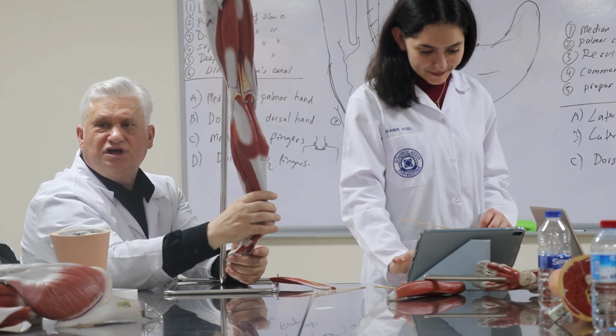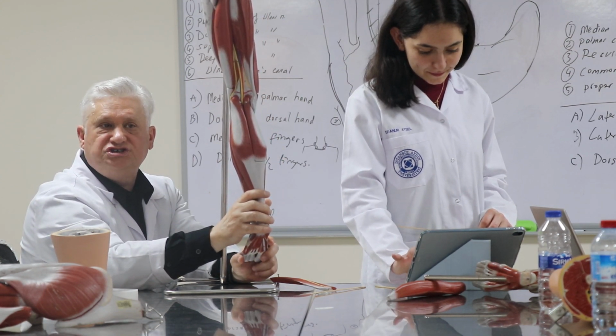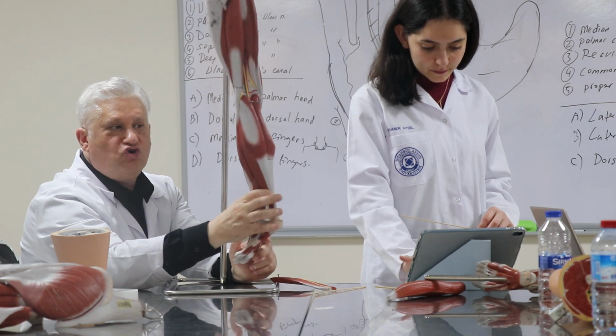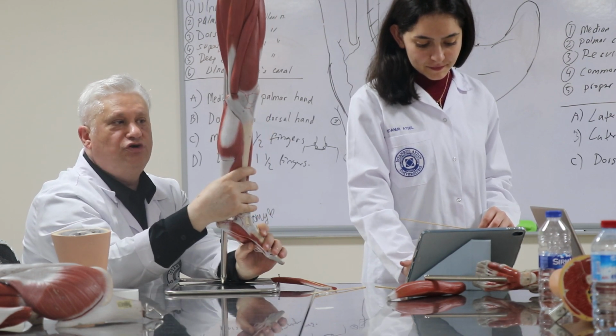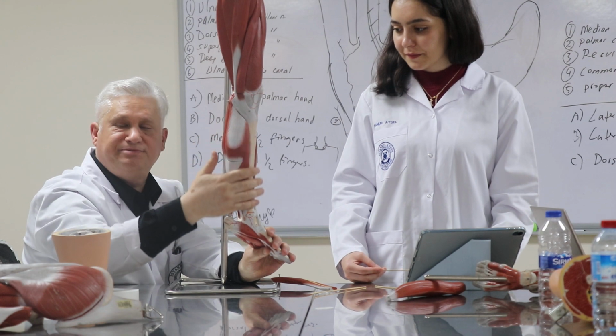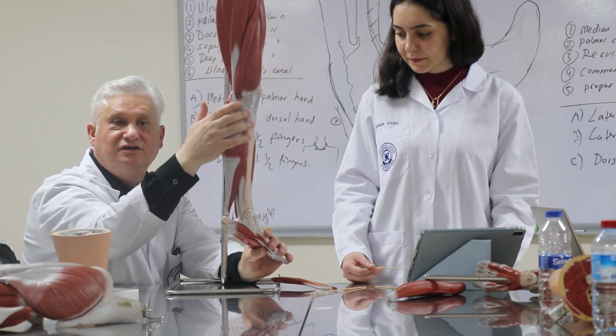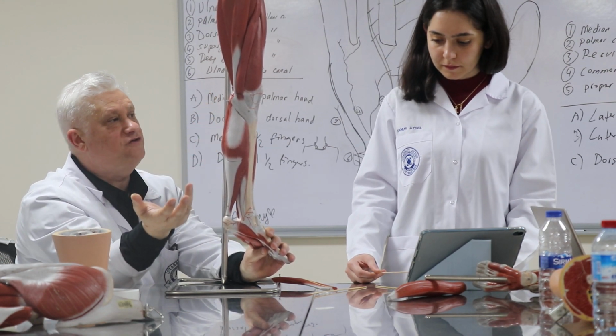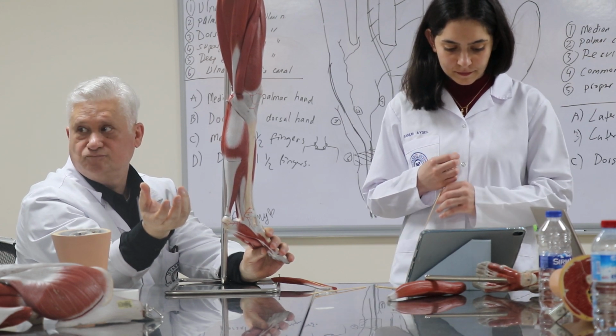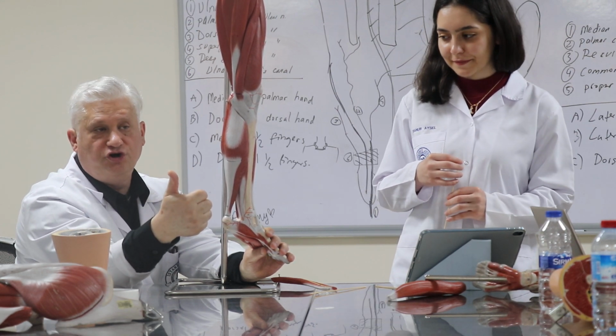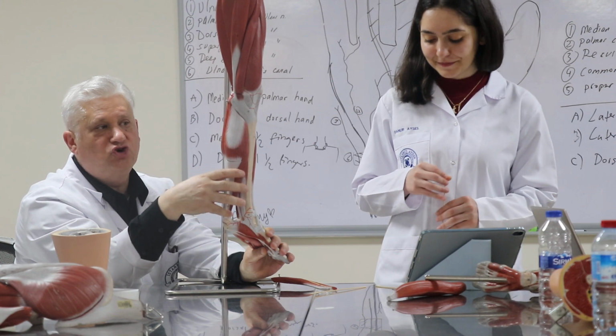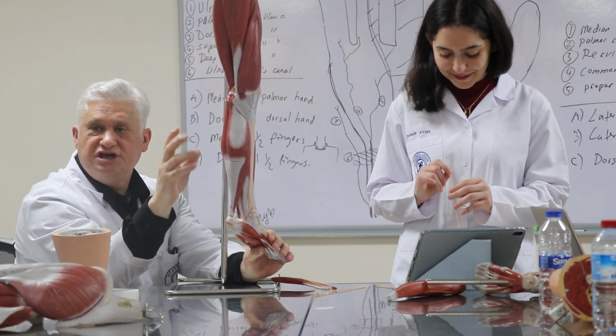In terms of cutaneous innervation, the only thing we need to memorize is that the medial aspect of the leg is supplied by the saphenous nerve. The saphenous is a terminal branch of the femoral nerve.